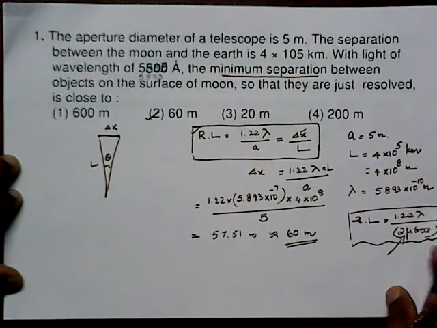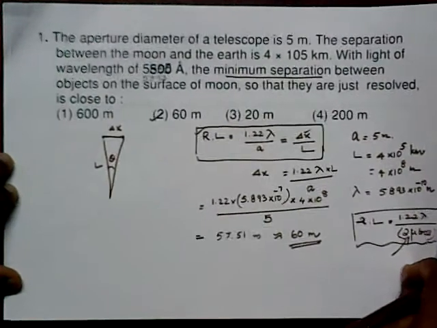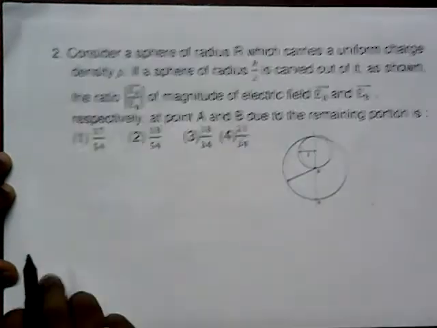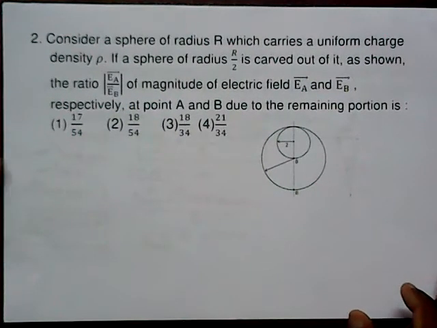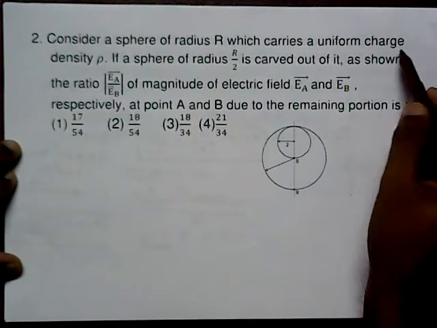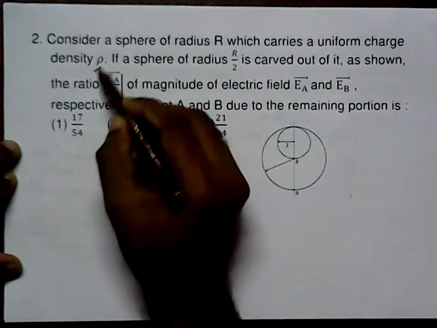So we can move to the question number 2. A good question is waiting. Consider a sphere of radius capital R which carries a uniform charge of density rho.